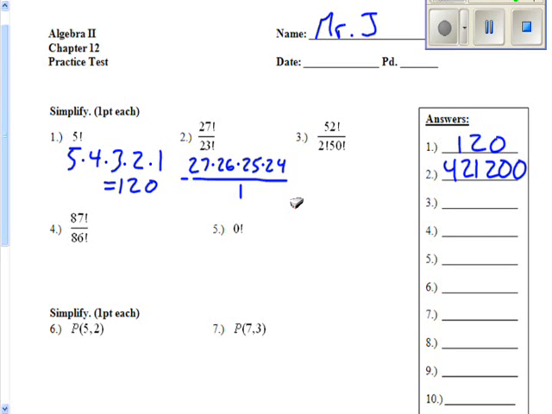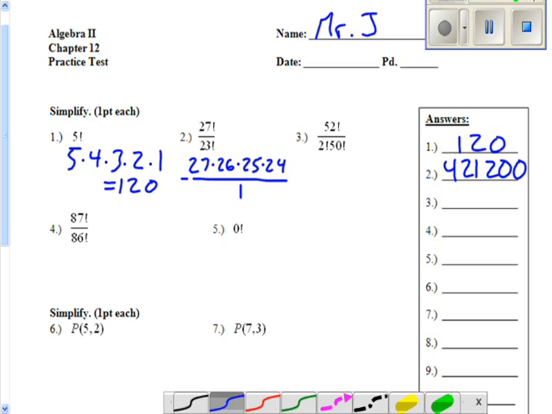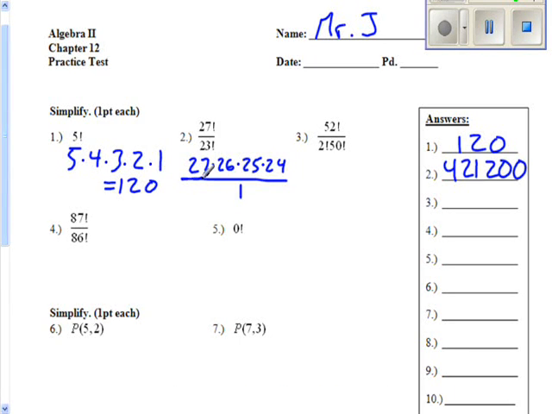Okay? For the next one, we're going to do something similar here, except with this one, I've got a choice to make. I can either cancel the 52 factorial with the 2 factorial or the 50 factorial. And I'm going to cancel it with the 50 factorial because more stuff is going to cancel out. So if I cancel with the 50 factorial, remember 52 factorial is 52 times 51 times 50, and then it would keep going.